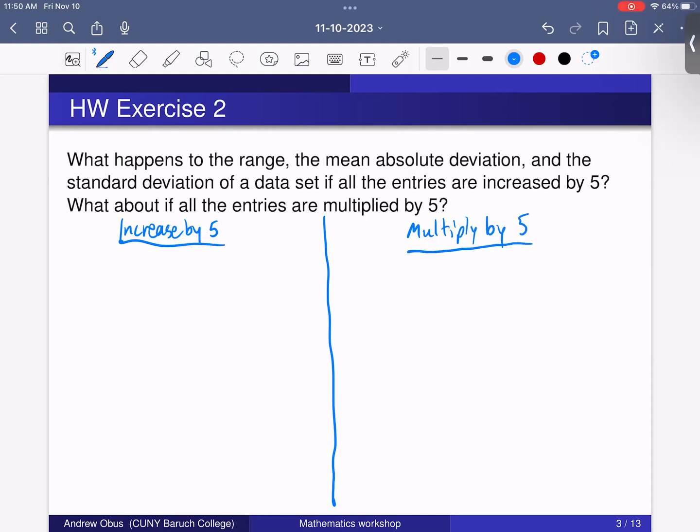So let's start out. If we increase everything by 5, for the range, we're going to add 5 to the maximum entry, and we're going to add 5 to the minimum entry. So what happens to their difference?